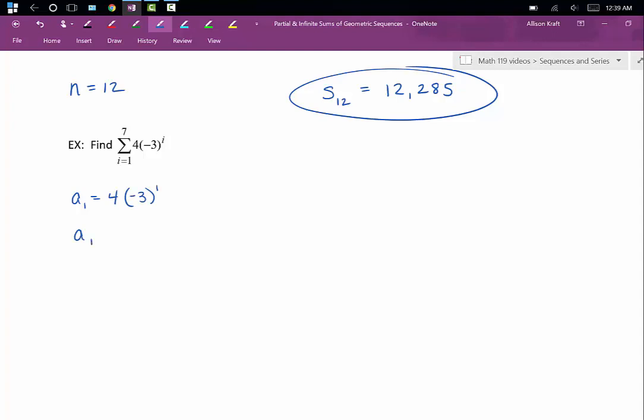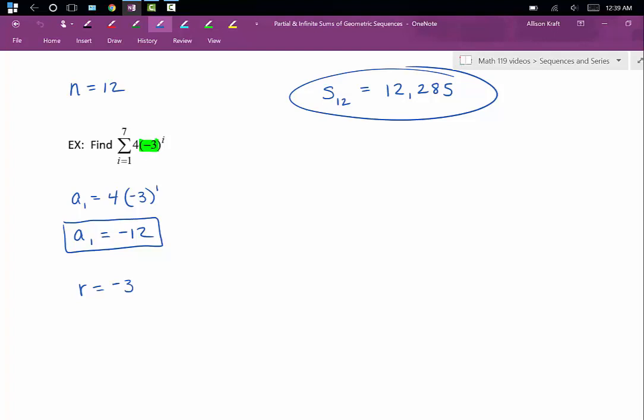We get a sub 1 to be negative 12. Now we need our common ratio. What's being multiplied over and over and over again in our rule? Well, it would be negative 3 raised to a power, which tells us that's what is being repeatedly multiplied. So r is equal to negative 3.